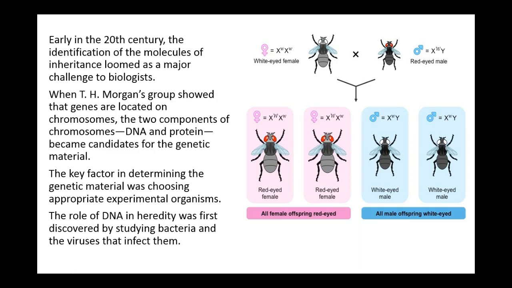And what this told them was that everything was passed on, except for when the female passed on the sex chromosome. Remember, the sex chromosome for the male is an X and a Y, so the male gets the X from the female and the Y from the male, so the only thing she could pass on was a recessive gene.